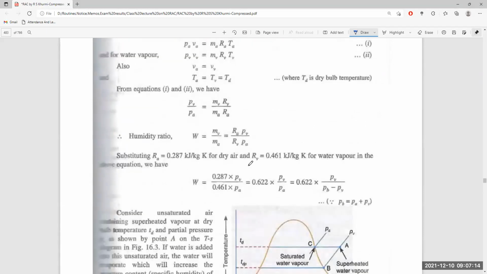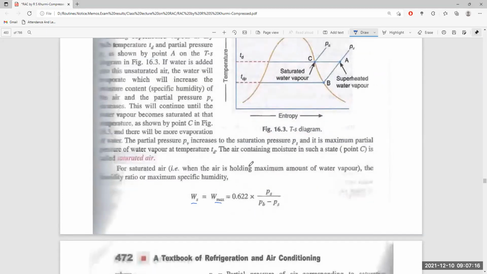So what we have achieved here is the saturated pressure of the steam divided by the pressure of the bulb minus the pressure of the steam.